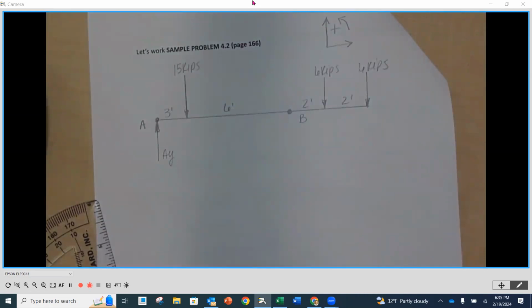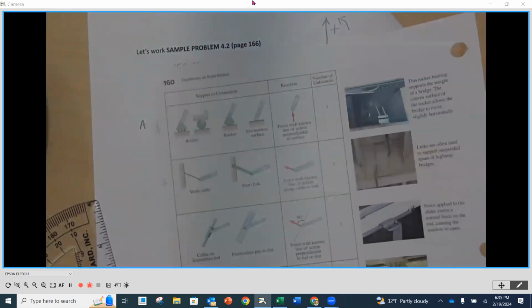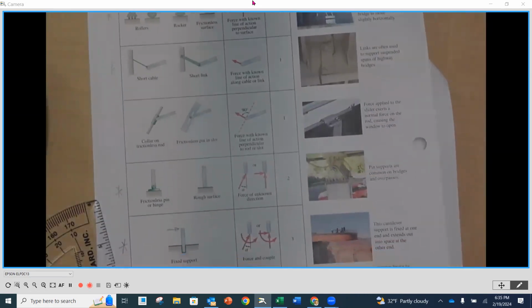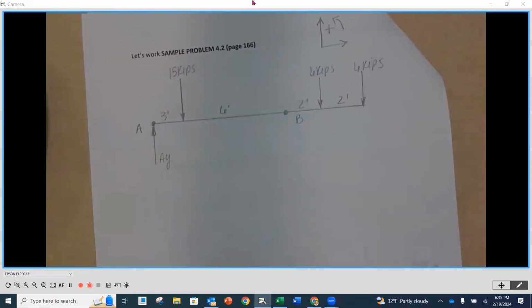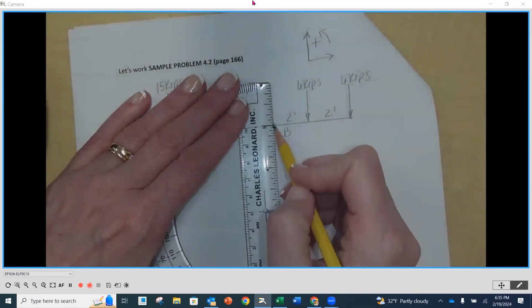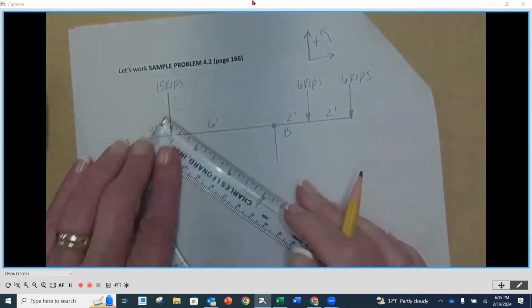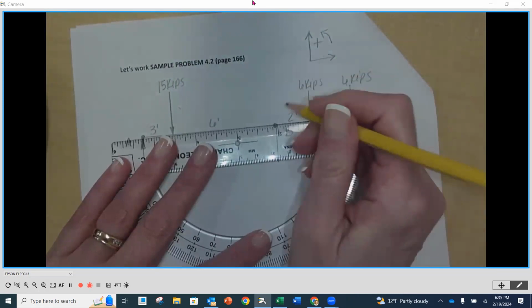And then I have another at B. At B, I've got a pin. So a pin reaction is going to have 2 forces, an X and a Y, because it stops any motion going horizontally and vertically. It can't move. So here I'm going to show a vertical force, and then I'm also going to show a horizontal.